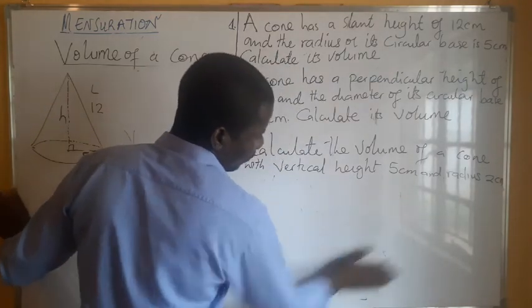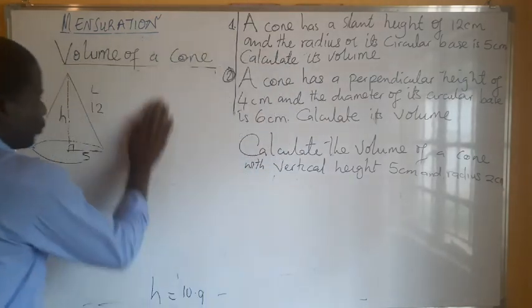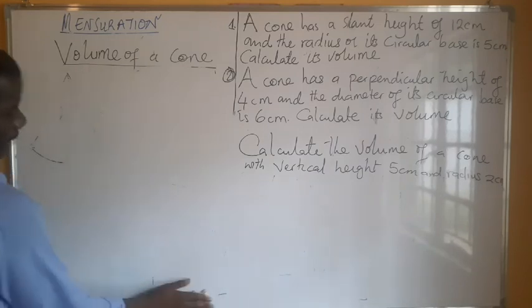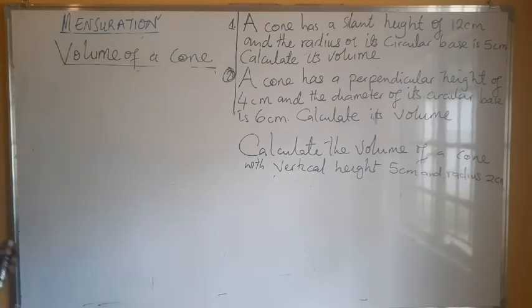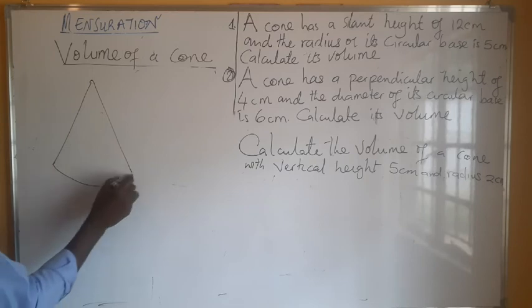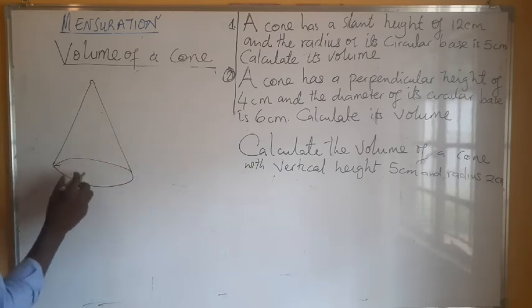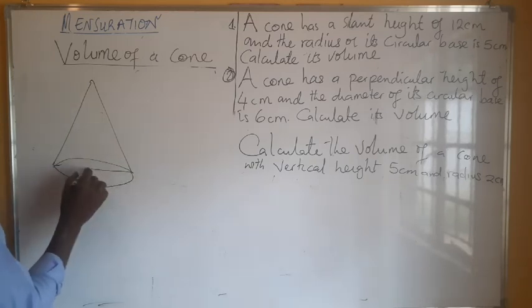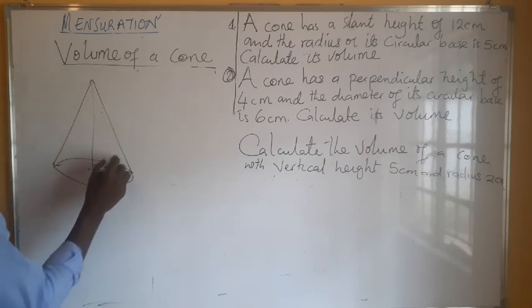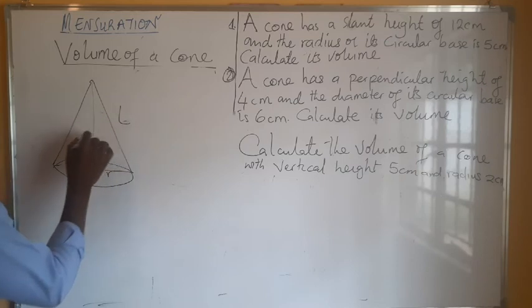And just to remind you what we looked at in the other lesson, where we were looking at the total surface area of a cone. We have our cone here. In the previous lesson, this is our radius, this is our slant height, and this is our perpendicular height.